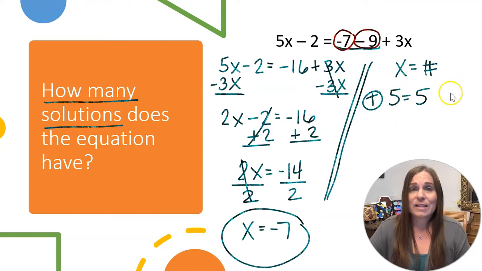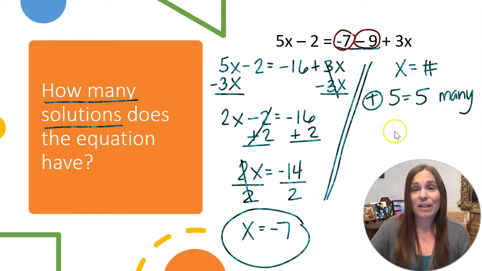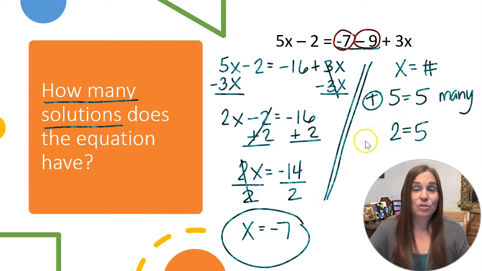Then this equation has infinite solutions, or we can just say many solutions. If your variables cancel out and you get something that is false, like 2 equals 5, right?